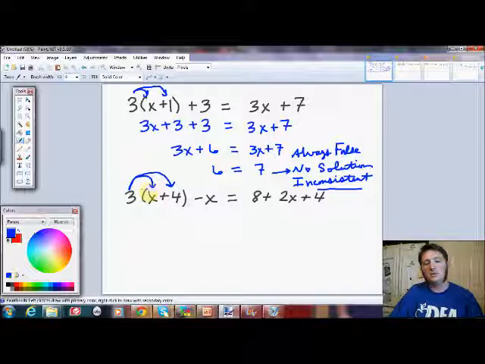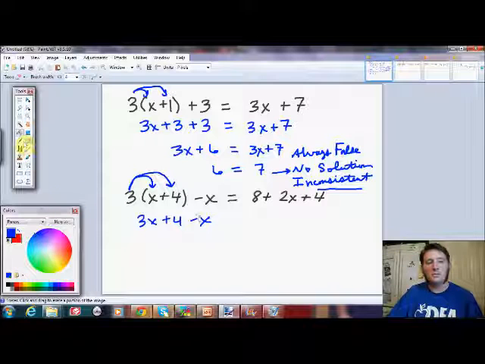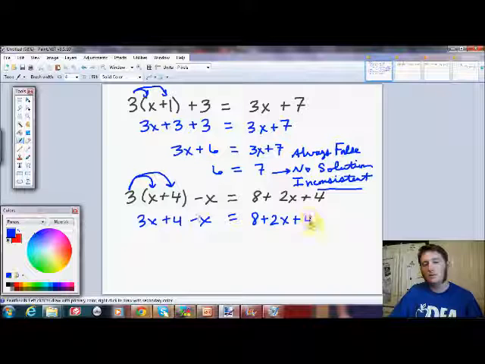Alright, so this one we distribute 3 times x plus 4, we get 3x plus 4 minus x. It's a little messy. 3x plus 4 minus x is equal to 8 plus 2x plus 4.